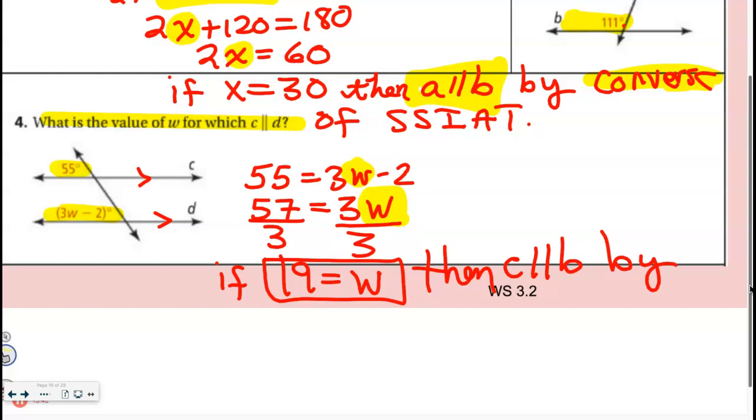You guys already told me that they were corresponding angles. So if Jaden goes like this on his quiz on Friday, W equals 19, and then clicks on the reason cap, what's wrong with it? Not the converse, exactly. By converse of, I'm going to put it in a box. All right? So everything you write today should be, this is parallel to this by the converse of.